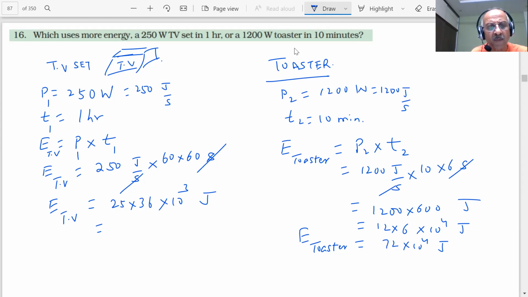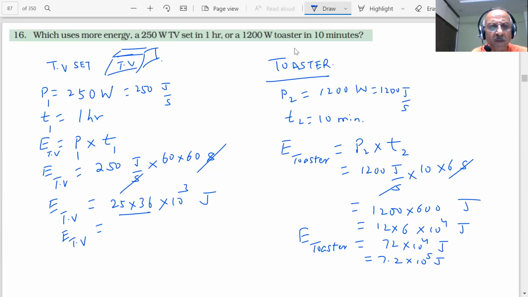What will be this value? Multiply the two, students. What answer are you getting? I can write this as 7.2 into 10 power 5 joules.